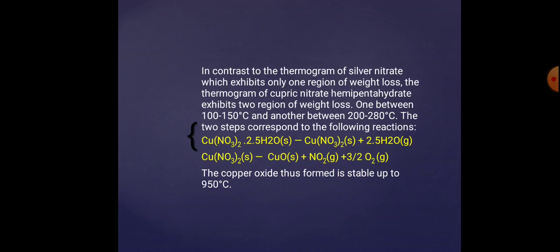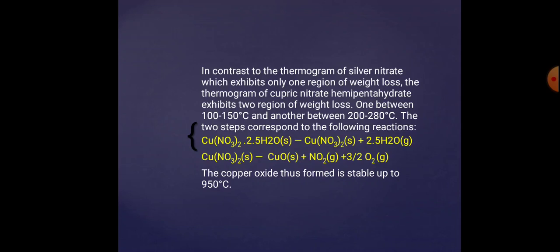But when you increase the temperature above 200 degrees Celsius, the second reaction occurs, and the second weight loss takes place up to 280 degrees Celsius. Means from 200 to 280 degrees Celsius, the second step is followed, where the product of the first reaction, Cu(NO3)2 in a solid phase, gets decomposed into copper oxide with the liberation of NO2 gas and O2 gas.